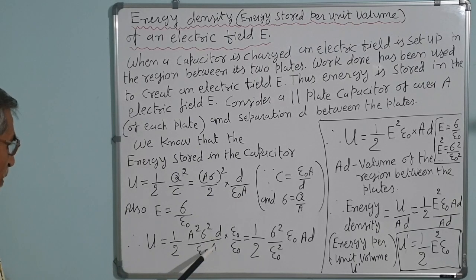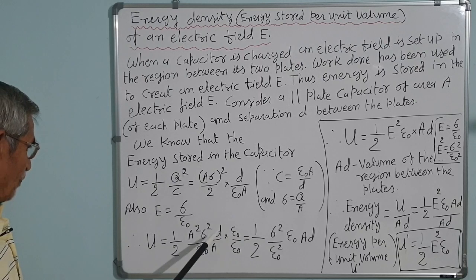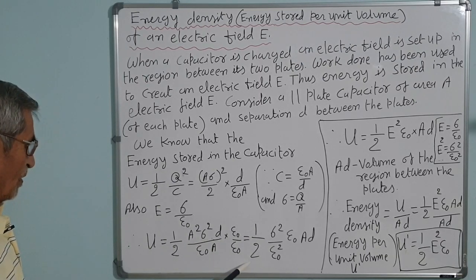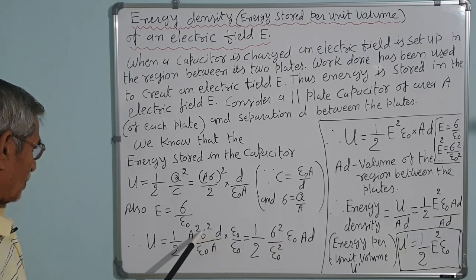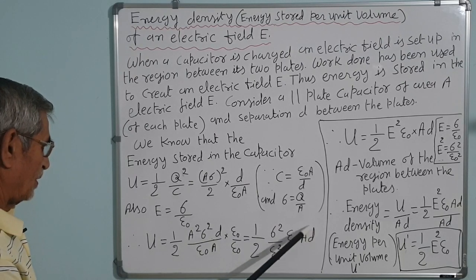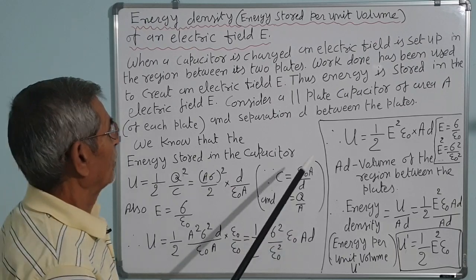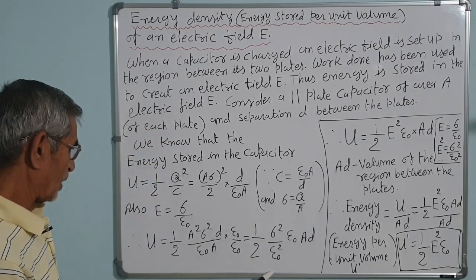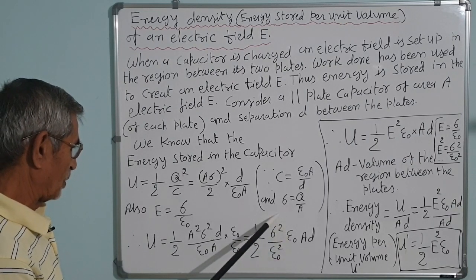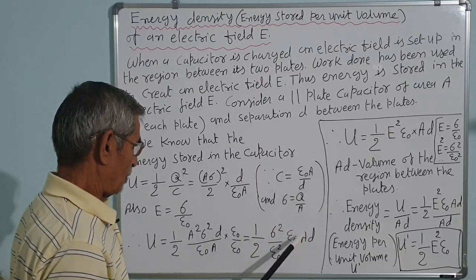So the energy stored U is equal to half A^2 sigma^2 into D upon epsilon 0 A, which is equal to 1 by 2 sigma^2 upon epsilon 0 into A D. Therefore, U is equal to half, and sigma upon epsilon 0 is E, so sigma^2 upon epsilon 0^2 is E^2, giving E^2 into epsilon 0 into AD.